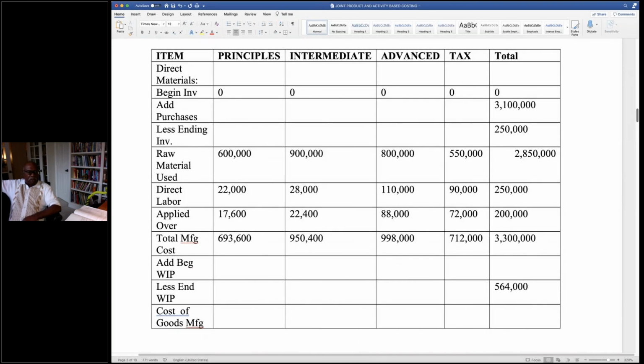Put your ending work in process in, this one right here, 579. See, let's ending work in process. You got the 564, which are the right. Put the individual ones in. So what was the ending work in process for principals? Go to T account.